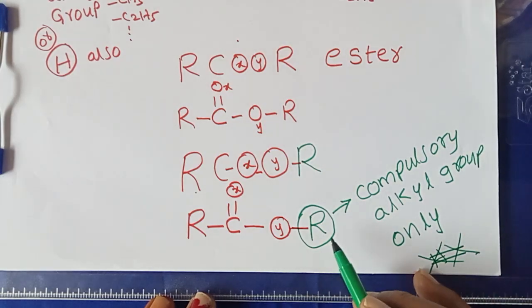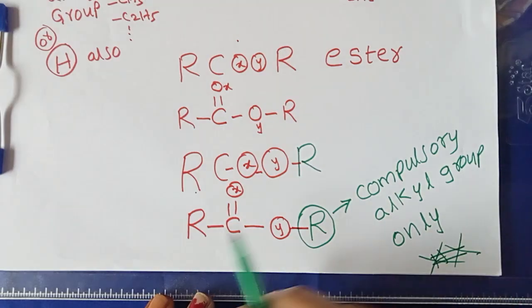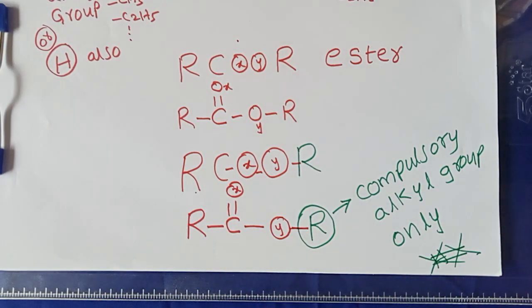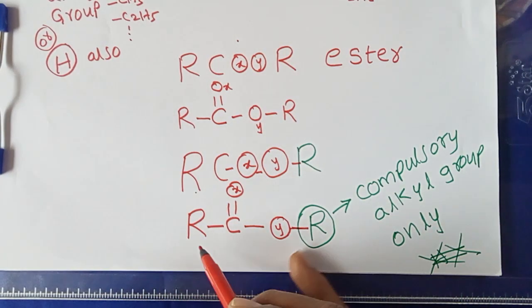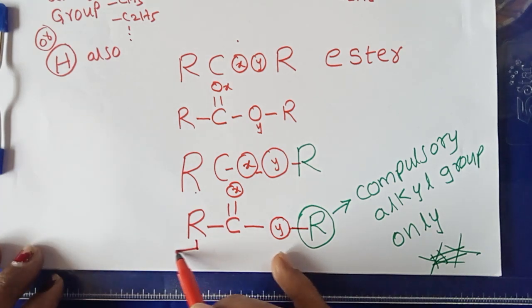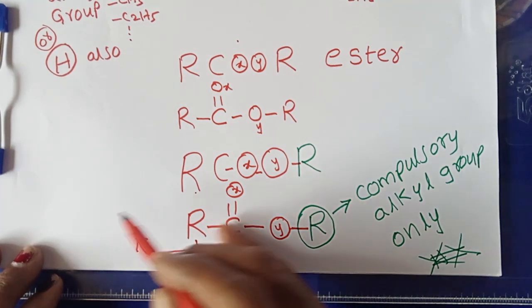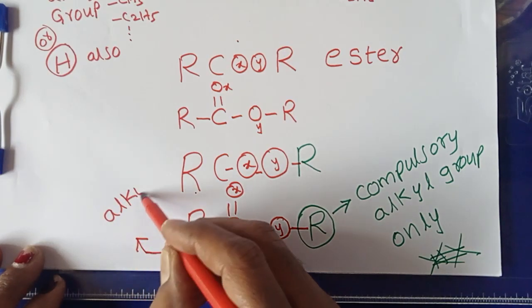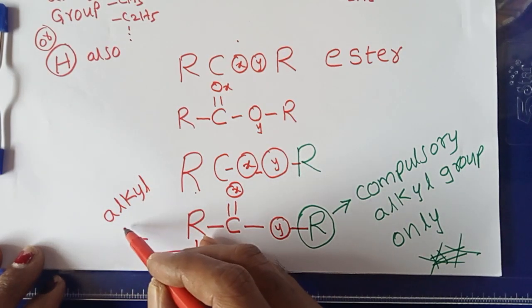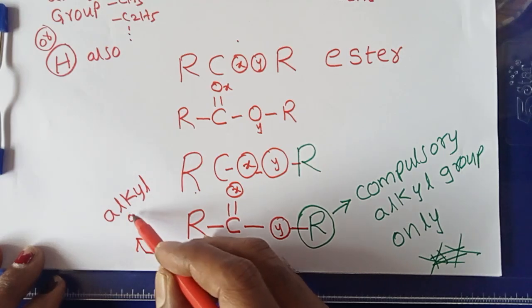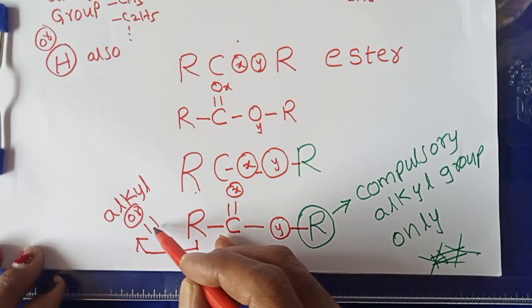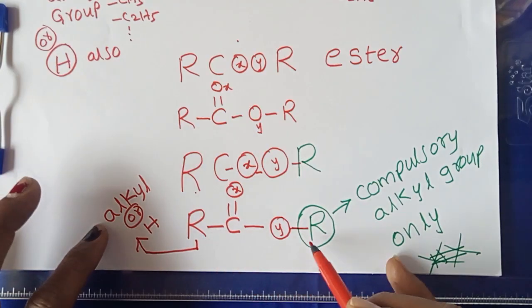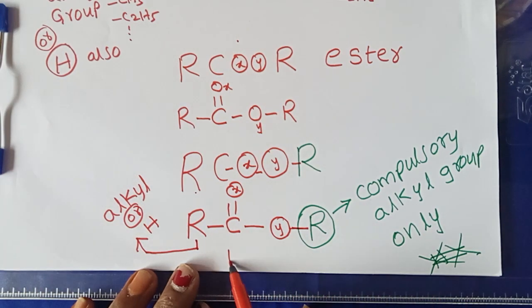Hydrogen is impossible here. But for this other alkyl group, this R, it can be an alkyl group or hydrogen also. Alkyl group or hydrogen, whichever you take, that functional group is called the ester functional group.